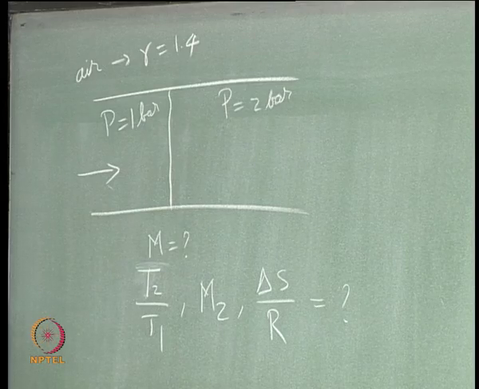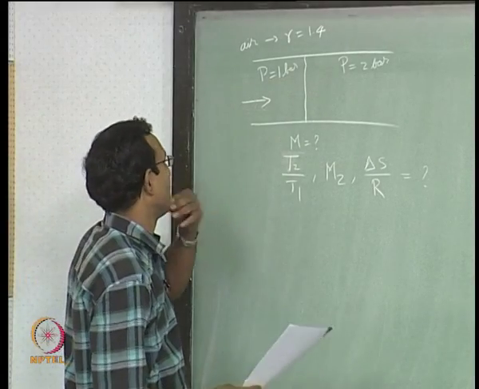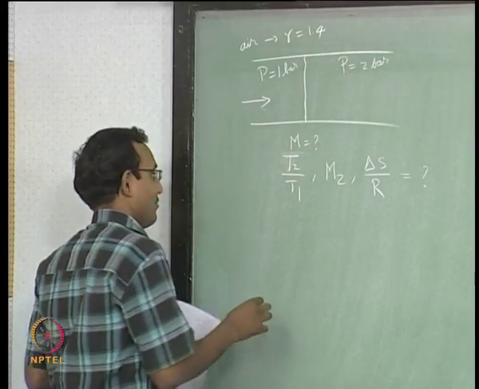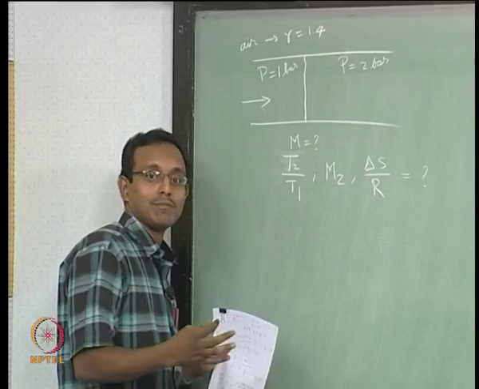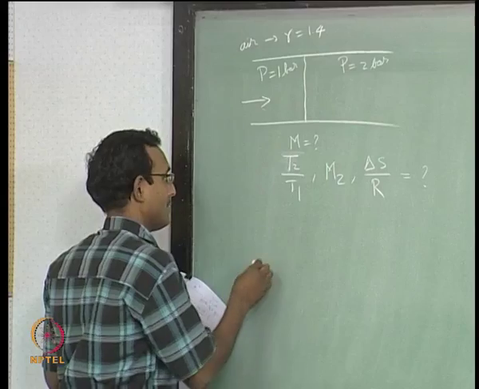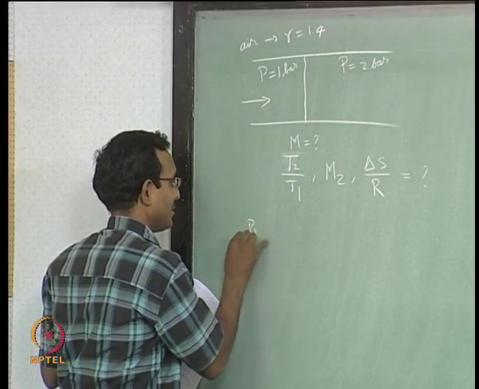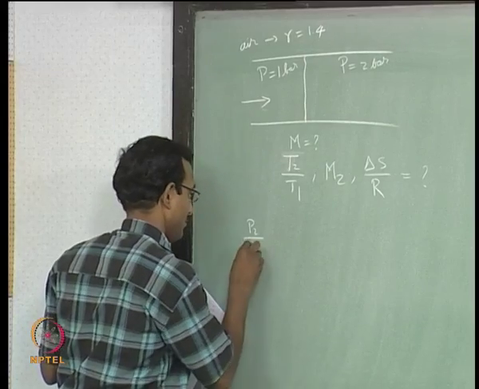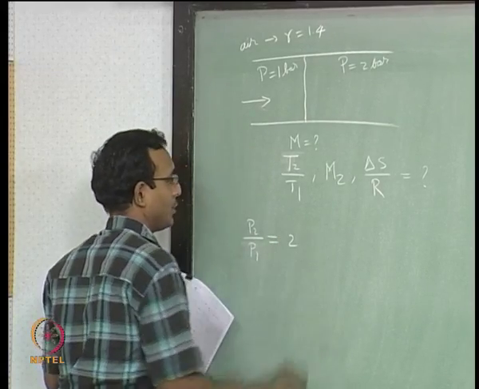Straightforward question. We know something about the shock, that is, the pressure jump across the shock is given. We already know that normal shock tables will have P2 by P1 as one of the columns. So all I have to do is find P2 by P1. It happens to be 2.